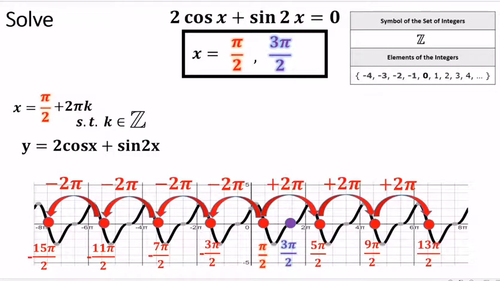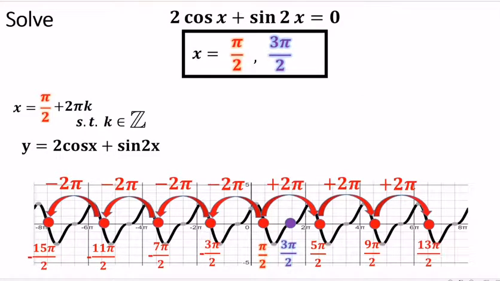Now let's take a look at our other solution on the interval 0 to 2 pi. 3 pi over 2 was one of the x-intercepts. And just like the other one, if we were to add 2 pi repeatedly, we would continue to get other x-intercepts.